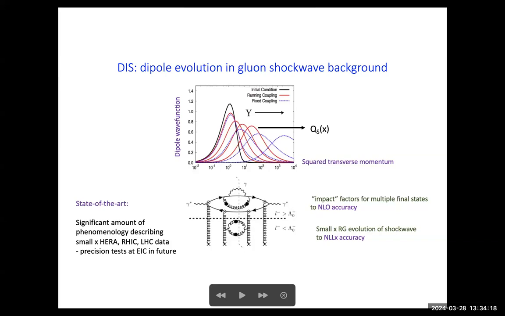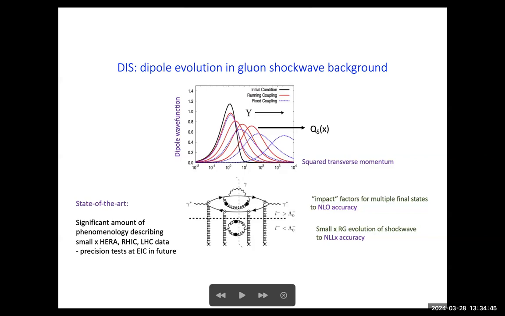And the state of the art is now, instead of just this dipole scattering to leading order, you can now start to compute things to higher orders. So you can look at final states, which are not just gluons in the final state, but things like photons coming out from the quarks and so on.